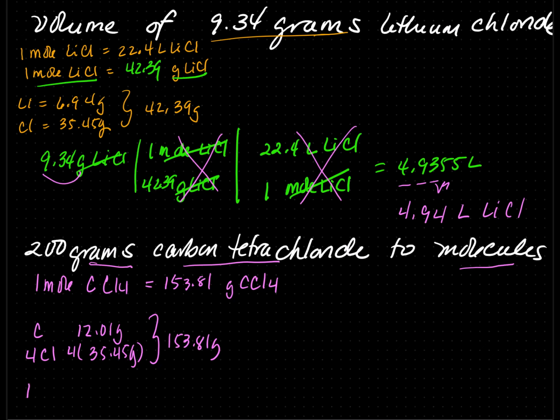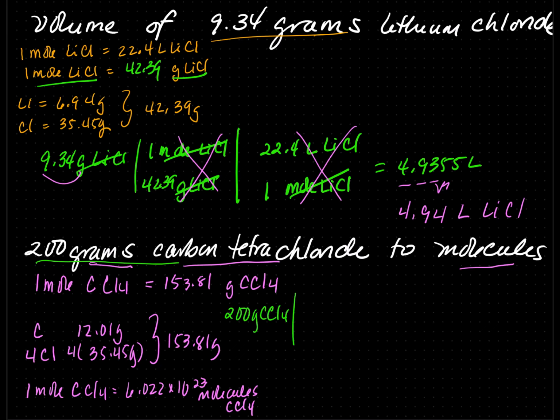Since we need molecules, we know we're going to use Avogadro's. That is 1 mole of CCl4 is equal to 6.022 times 10 to the 23rd molecules of CCl4. We're going to start with what's given, which is 200 grams of CCl4. Units have to cancel out, so grams of CCl4, grams of CCl4.